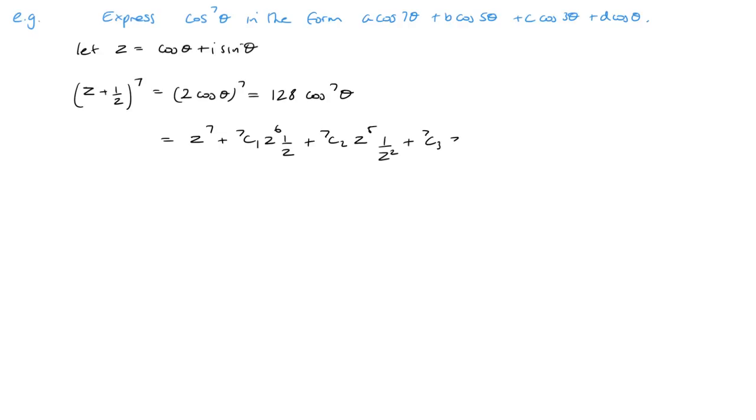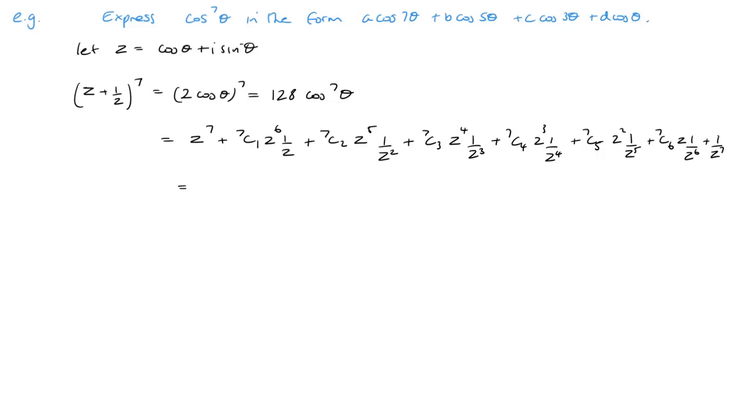Plus 7c3 z to the power 4 times 1 over z cubed plus 7c4 z to the power 3 times 1 over z to the 4 plus 7c5 z squared times 1 over z to the 5 plus 7c6 z times 1 over z to the 6 plus 1 over z to the 7.